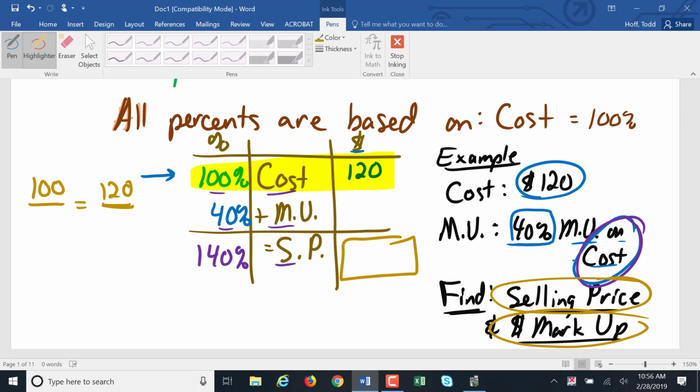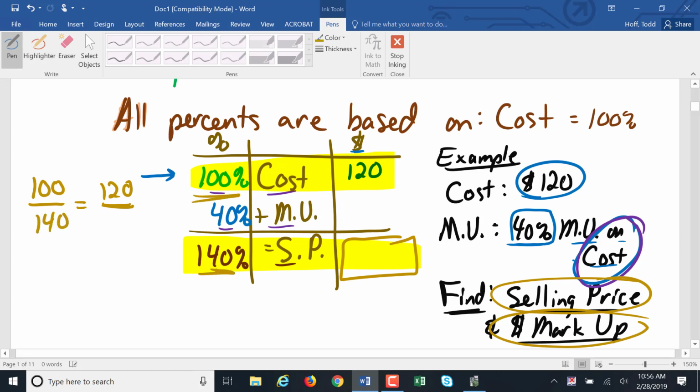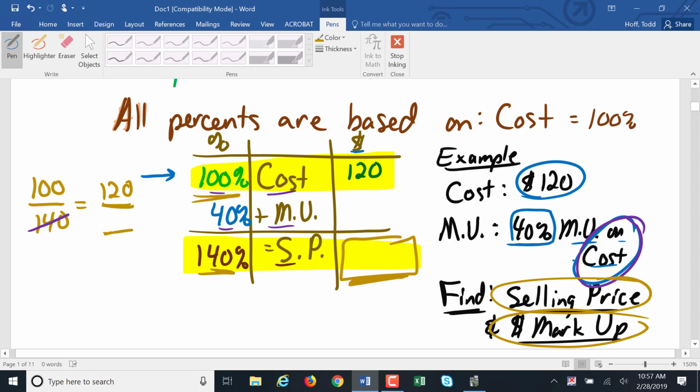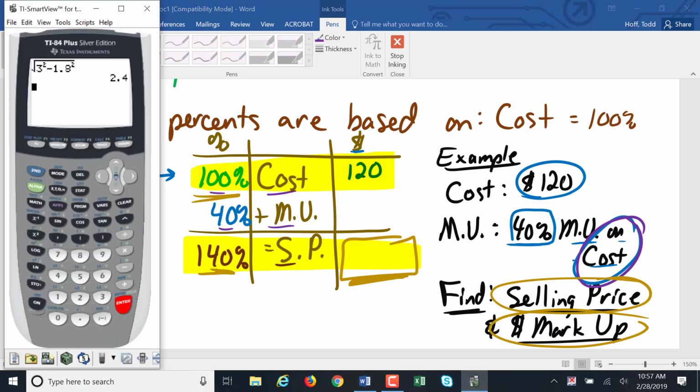And then I need the row that has what we're looking for. In this case, that's the selling price row down here. So the 140 is under the 100, so I put 140 under the 100. This blank, the amount we're looking for, is under the 120, so I leave that blank under the 120. And we'll go ahead and cross multiply and divide like we have with other percents. So 120 times 140 divided by 100.